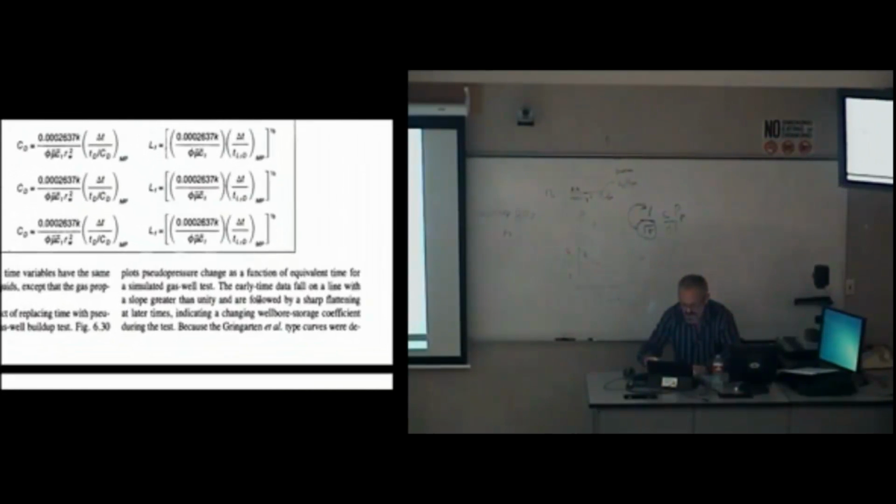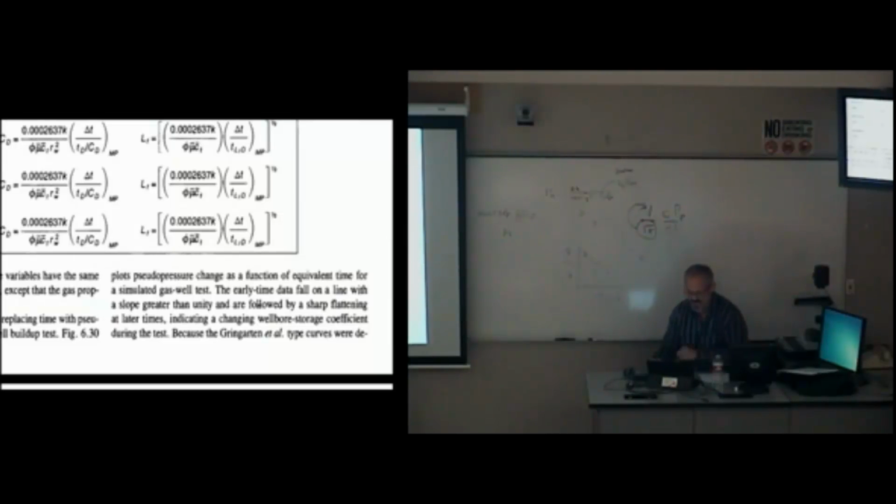Pseudopressure versus delta T. So we have perm, we've got 5 mu c sub T, and we have to make sure we're right side up or upside down on our delta T over T sub D X sub F.